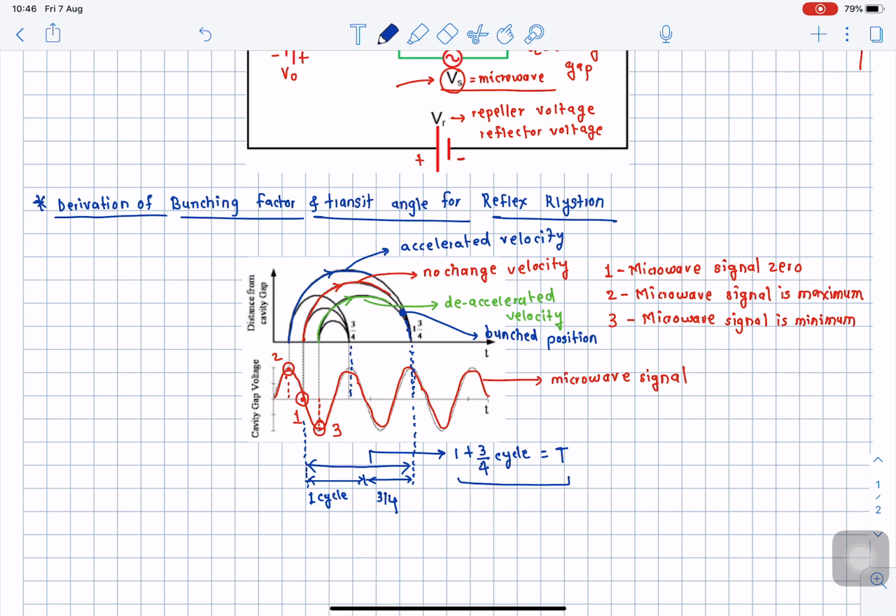So normally 1 and 3/4 cycle is utilized as the fundamental operating mode of the reflex klystron tube. In the derivation, this part will be clear to you in more detail.